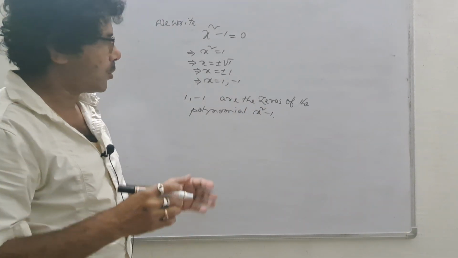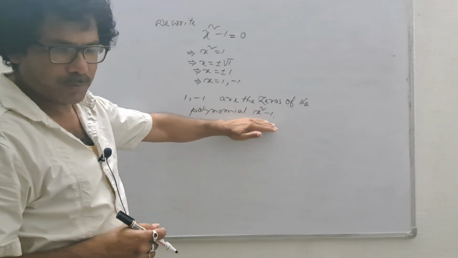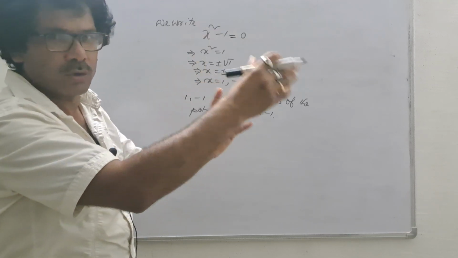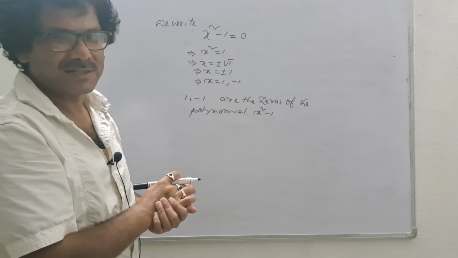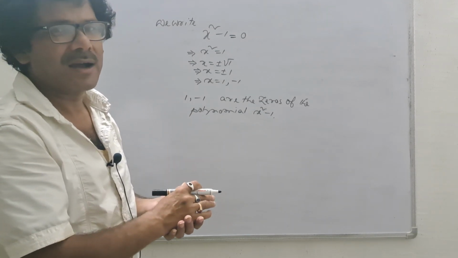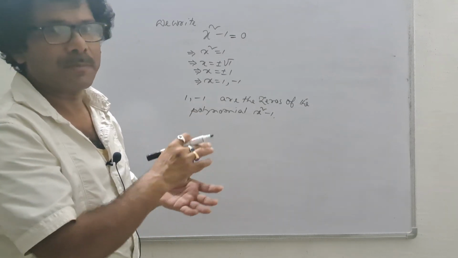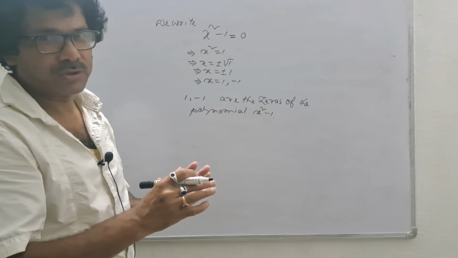So what I have told you is that to get the zeros of a polynomial, you just write the polynomial is equal to 0, and after that you get the value of x. And the values of x are the zeros of the polynomial or roots of the polynomial. Zeros are also called roots.